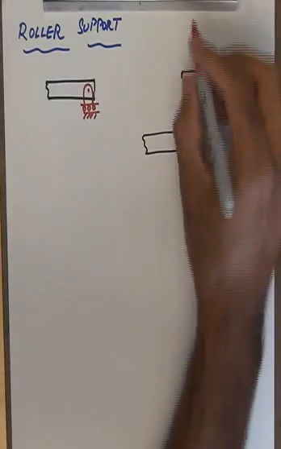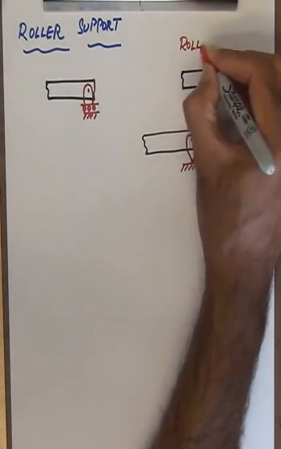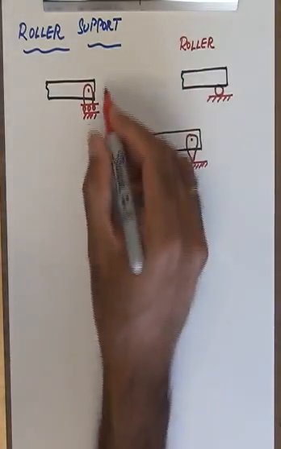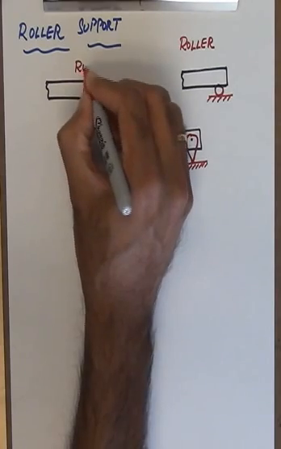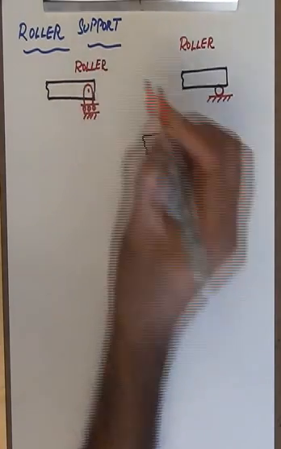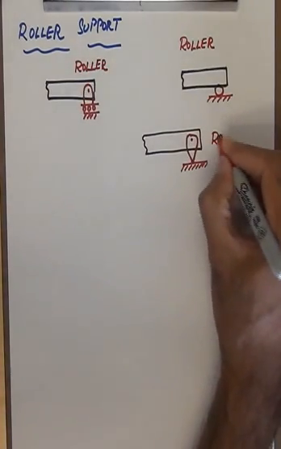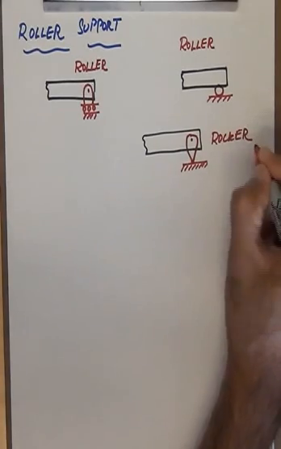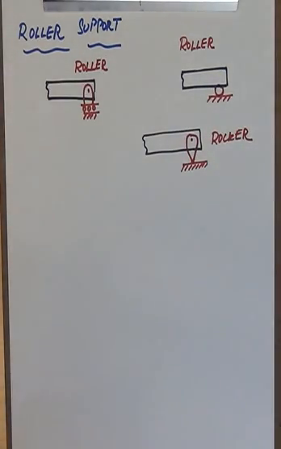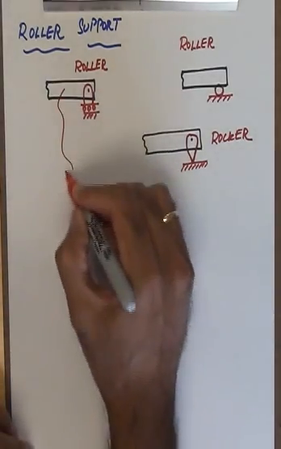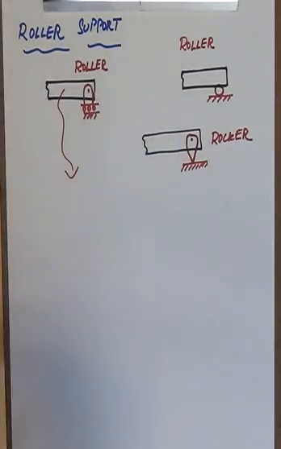So this is an example of a roller. This is also a roller. This is an example of a rocker. And they basically perform the same functions, depending on, of course, how they are drawn. My aim is to look at the roller support in our particular problem.